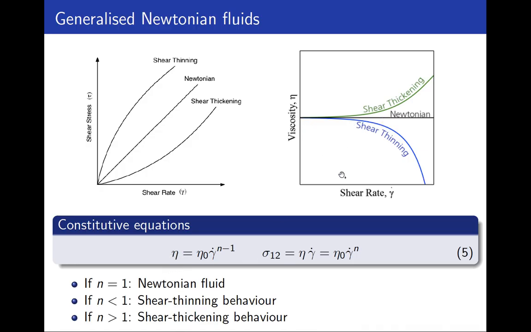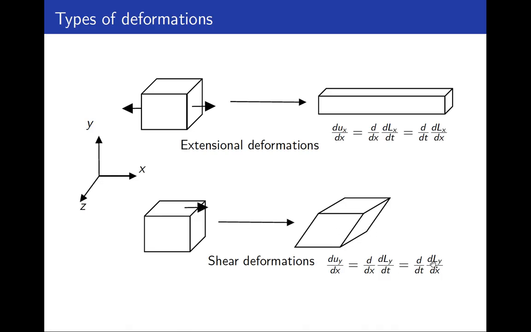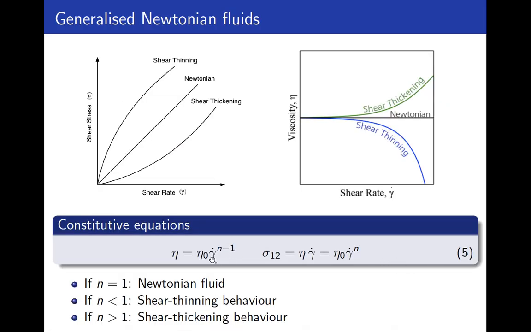So for these behaviors, we can model them using this equation, where we have a viscosity 0, which is usually constant. It can be the viscosity at a given temperature. And then we have the shear rate, which is this quantity that I mentioned before. And we have a superscript n minus 1.